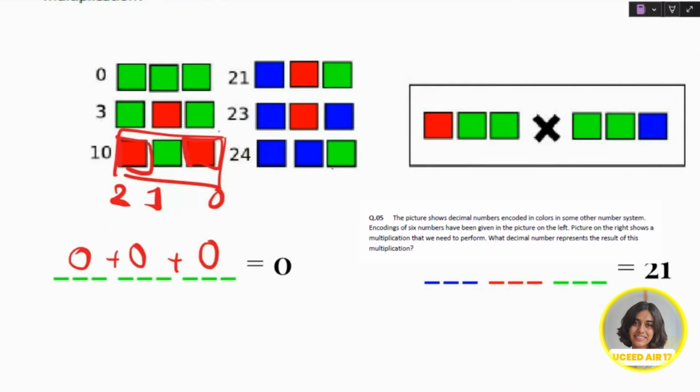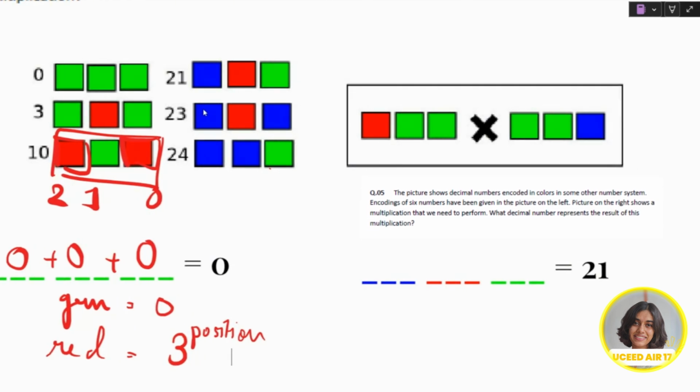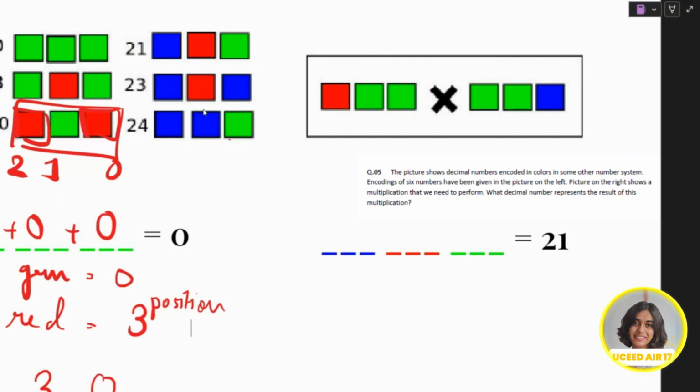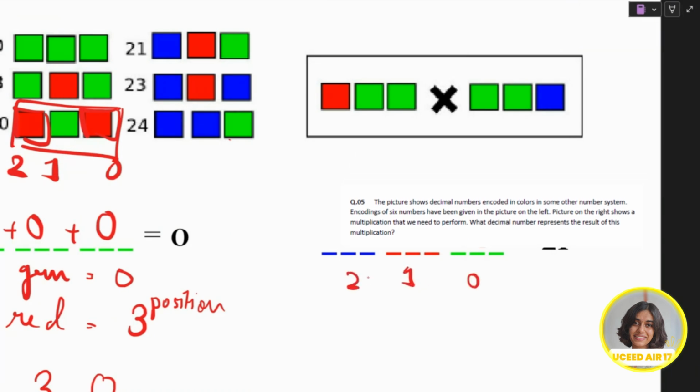Now we have decoded that green means 0 and red means 3 raised to its position. In the next calculation, the 21 one, we can add that. For green, I'll put 0, and the positions are 0, 1, 2.